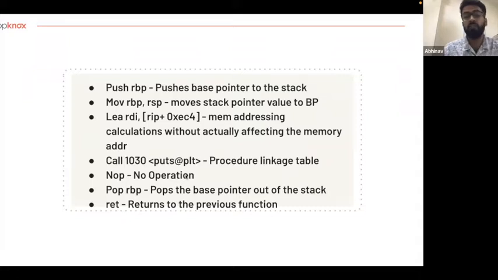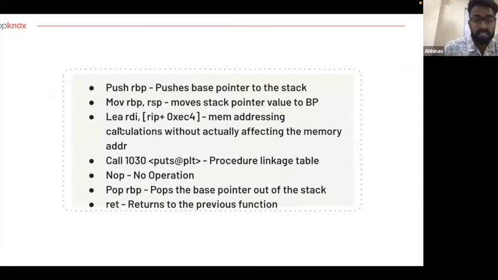So whenever you see an instruction with PLT in it, the first thing that should come to our minds is the definition for this is not in the code I am analyzing. The definition is coming from some other module. The procedure linkage table is fetching that definition so I can execute the function here.